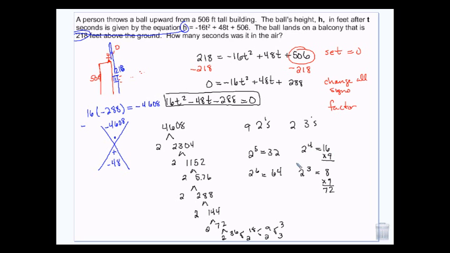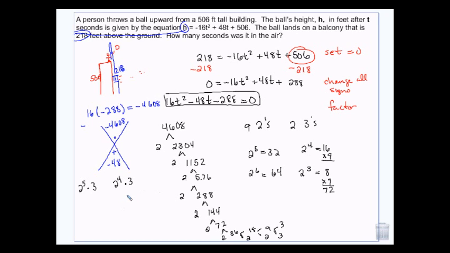So I had 2 to the 5th and 2 to the 4th times the 3's. I'm going to move this, and I'm going to put 2 to the 5th times 3 and 2 to the 4th times 3 and see what happens. That gives me my 9 2's and my 2 3's, and my 3's have been split.